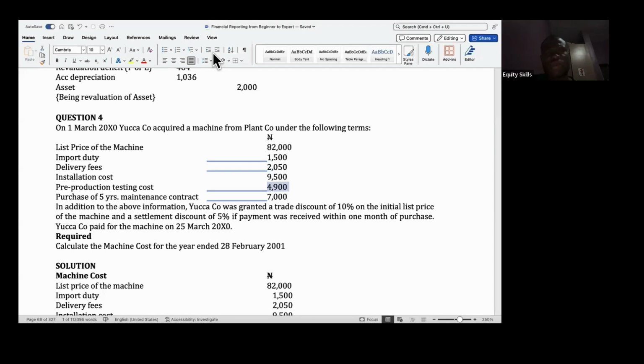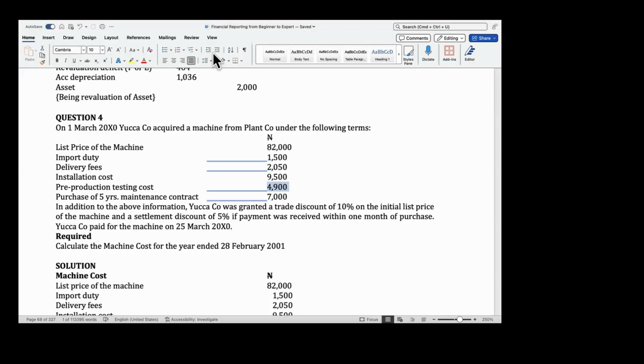Are we going to capitalize this one? Yeah, we'll capitalize it. Testing cost, no. Okay, somebody said yes and somebody said no. So that means we don't have a consensus yet.